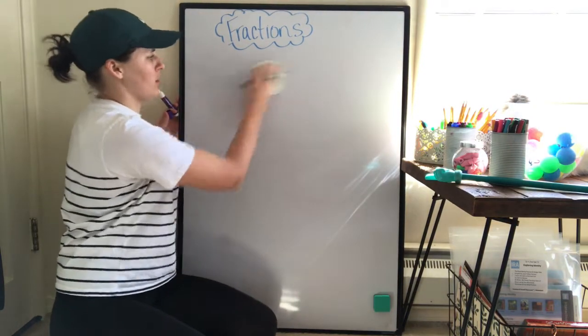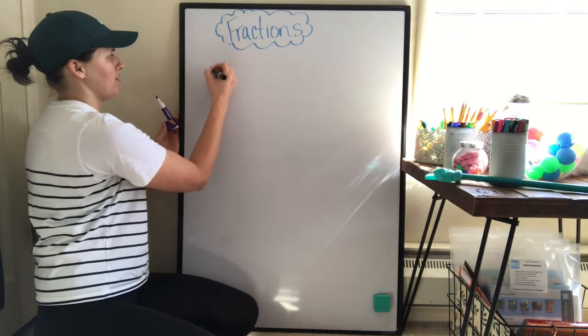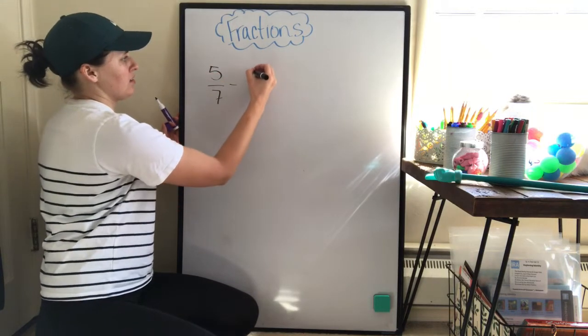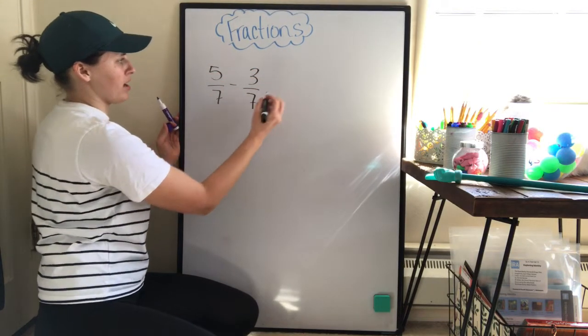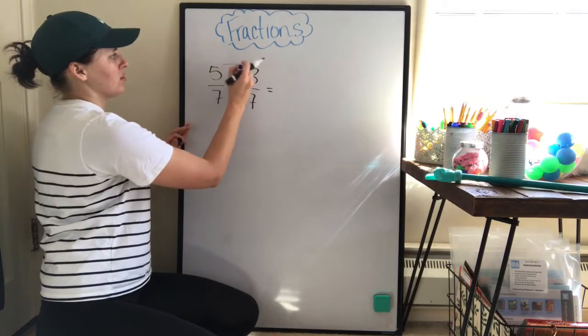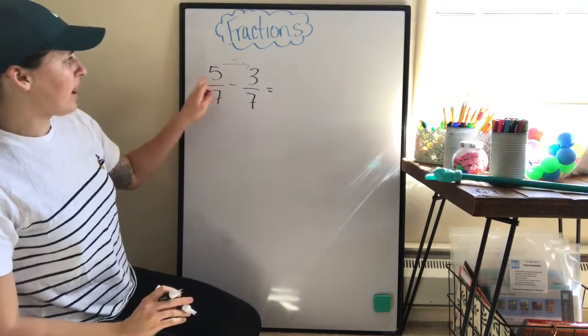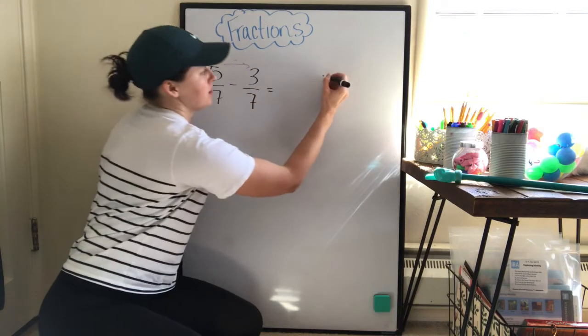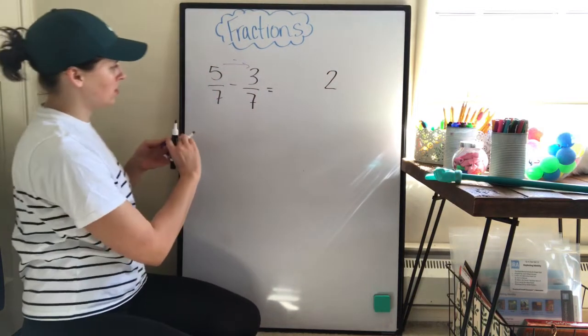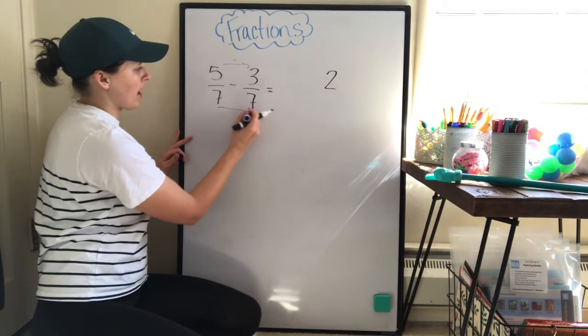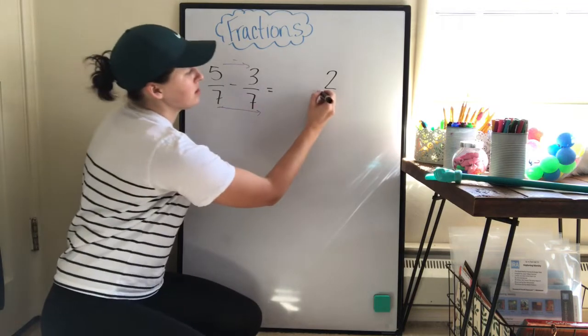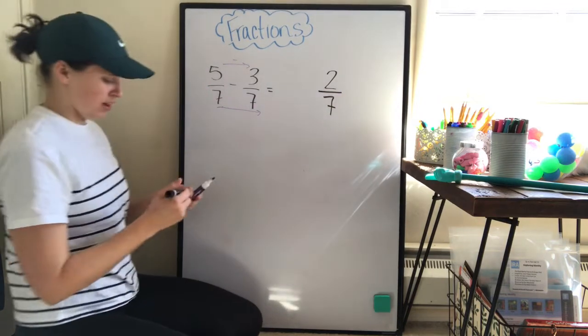I don't like how far I wrote that. 5 sevenths minus 3 sevenths. Sorry. We're going to subtract across the top. 5 minus 3 is 2. We're going to drag our denominator, which is 7. So we have 2 sevenths.